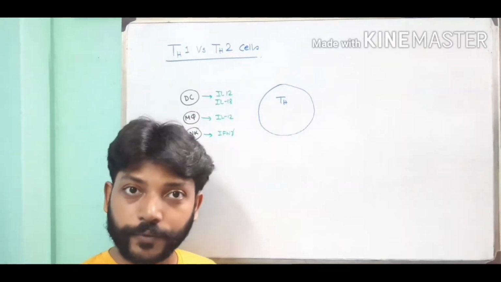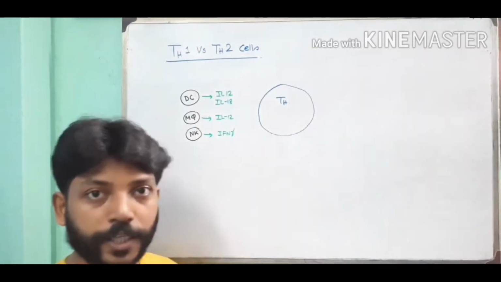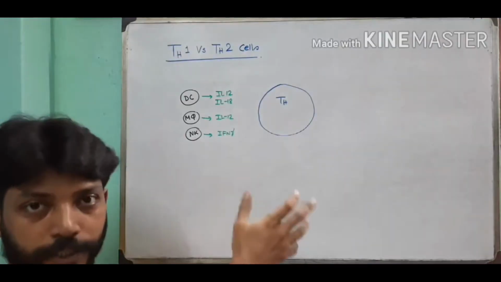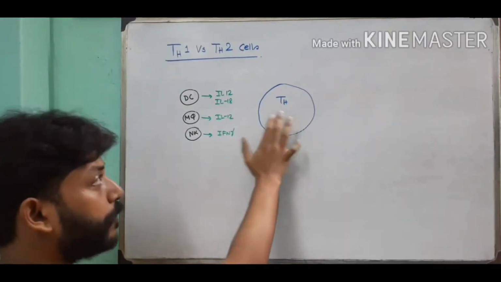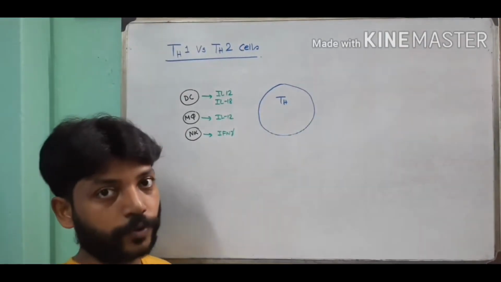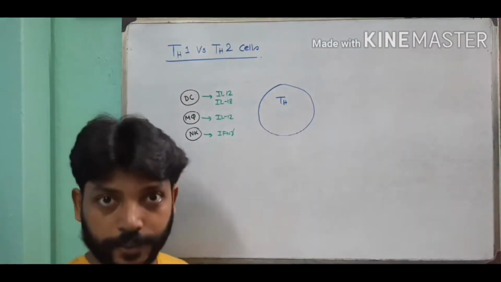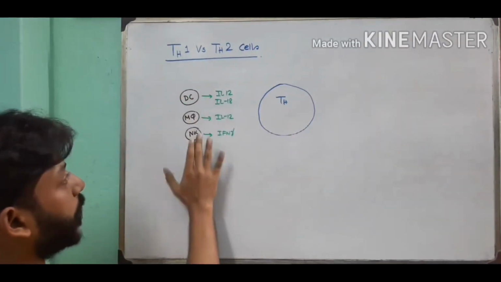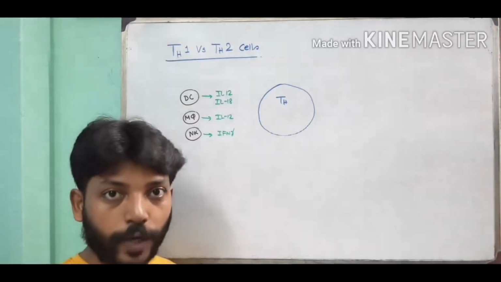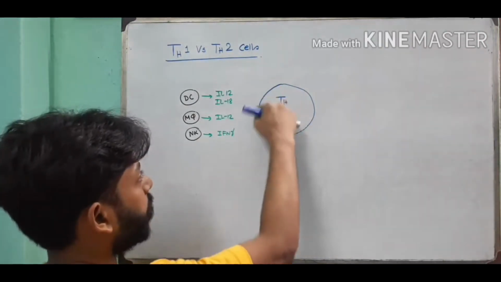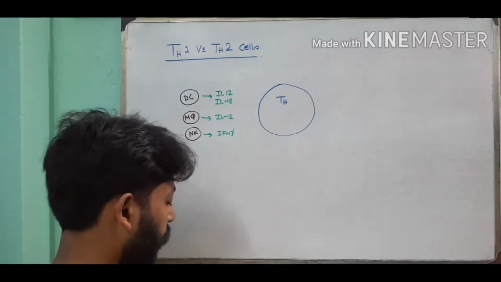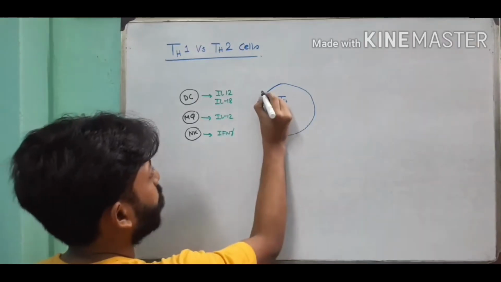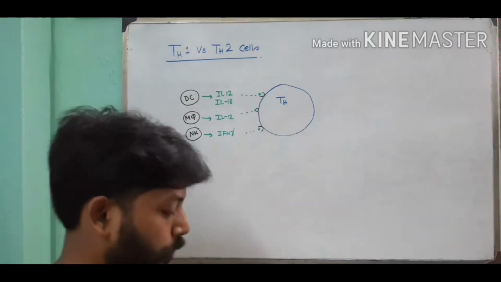I have made a separate video on T cell activation. I am not covering the activation of T cells here, but I am telling you that the naive cell must become activated, so it becomes a TH effector cell. Now, after the dendritic cell, macrophage and NK cell secrete these cytokines, the T helper cell receives them through cytokine receptors.